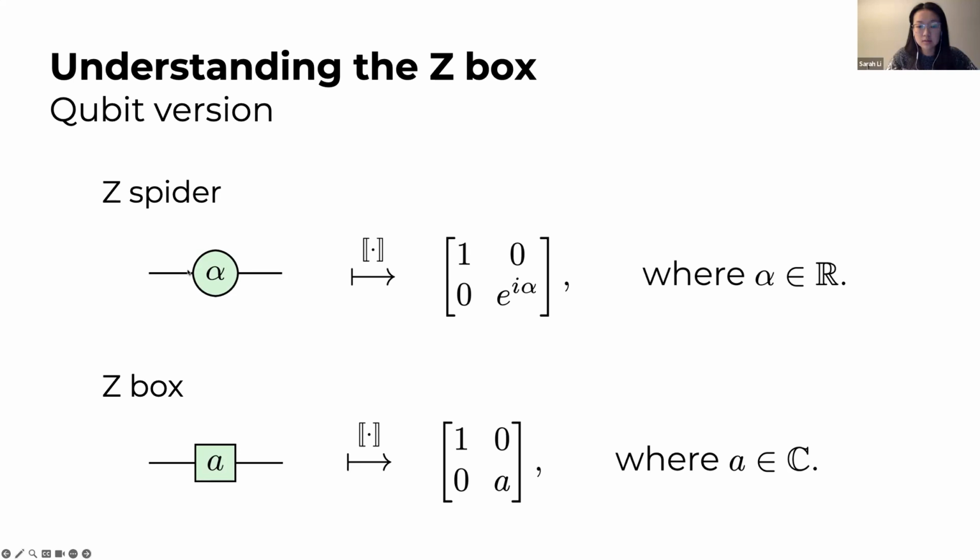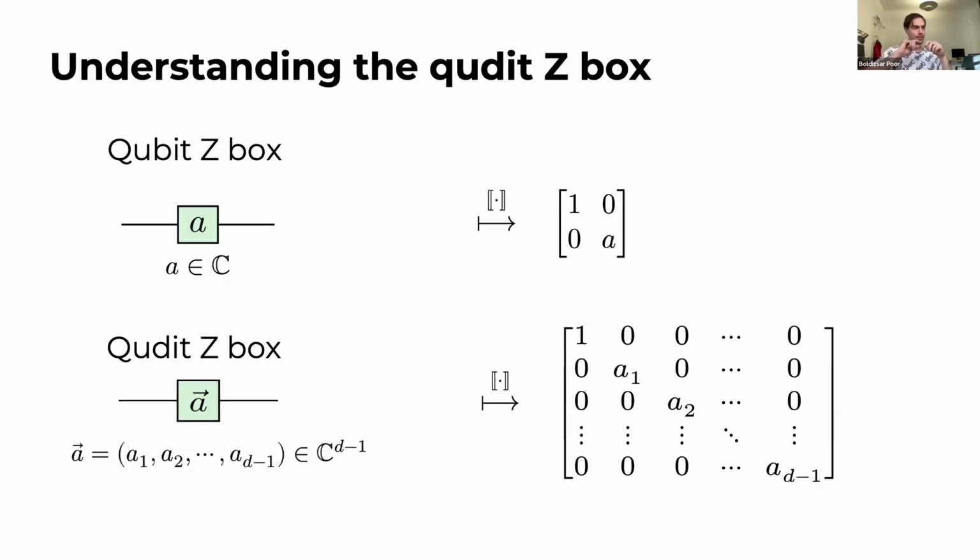Yes, in the paper we showed, if you do operations element-wise, then you can just say e to the i and then a arrow, so this a vector, and that's how we define a Z spider in the qudit case. Yes. And is this just a phase gate in the qudit system? Exactly. Yes. Oh, so this means the matrix exponential can be generalized from the qubit system to the qudit system in this way.